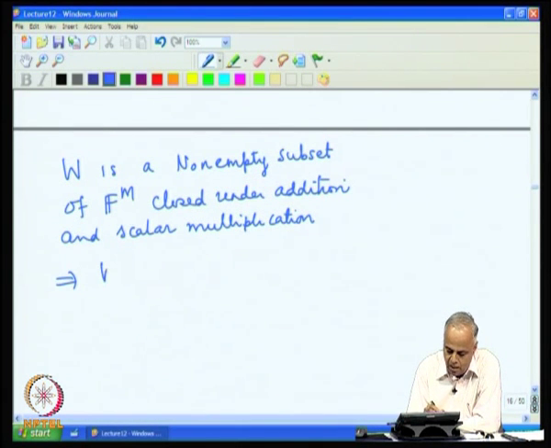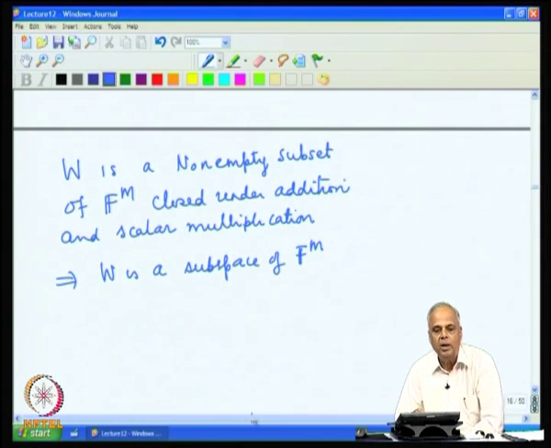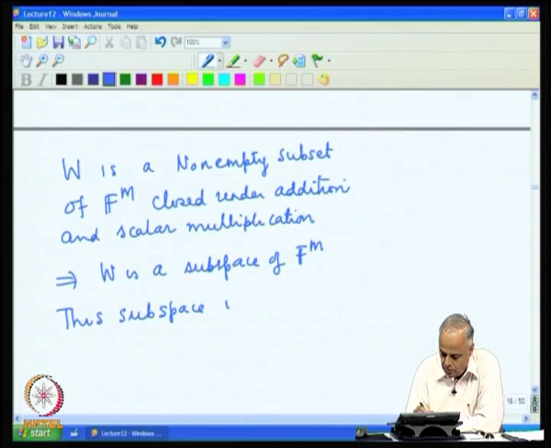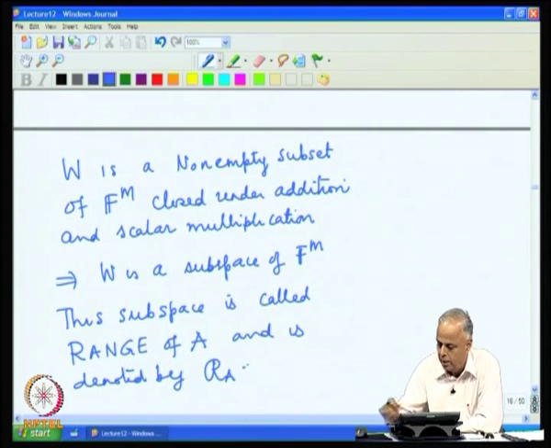That says W is a subspace of Fm, and this subspace is called the range of the matrix A. This subspace is called the range of A and is denoted by RA.